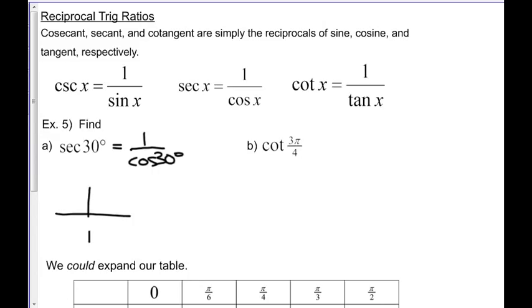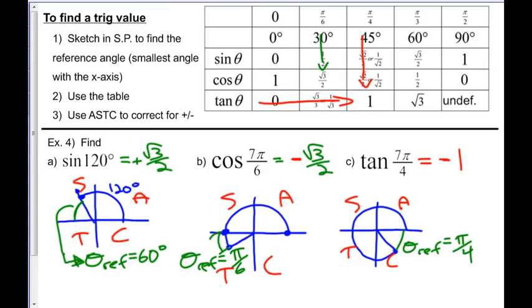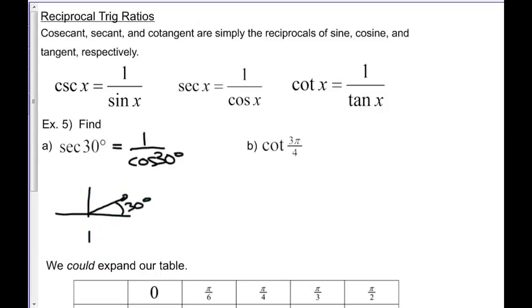And the cosine of 30 degrees is pretty easy to find. I draw 30 degrees. I use my table from the last page. Cosine of 30 degrees is root 3 over 2. It's in quadrant 1, so it's going to be positive.